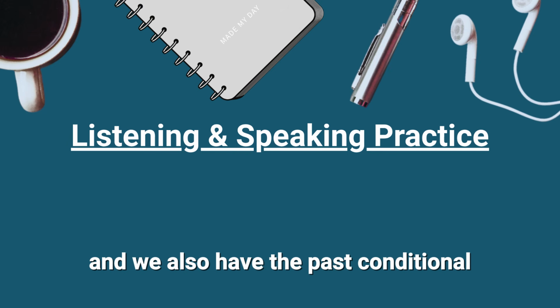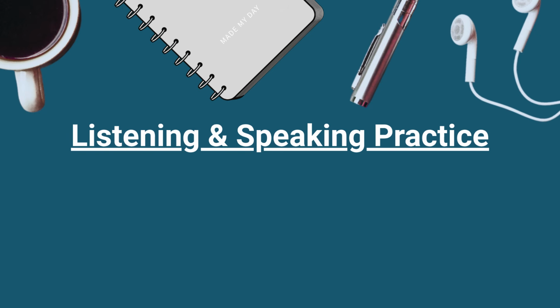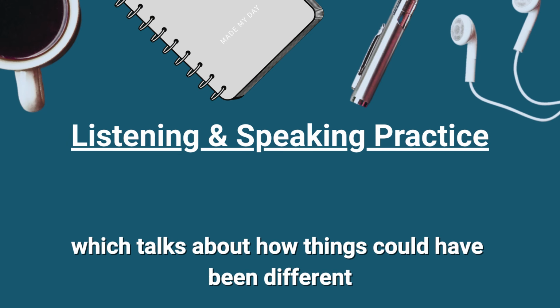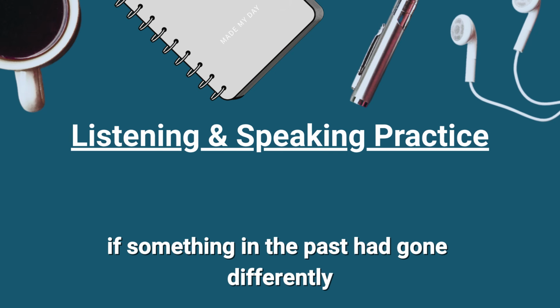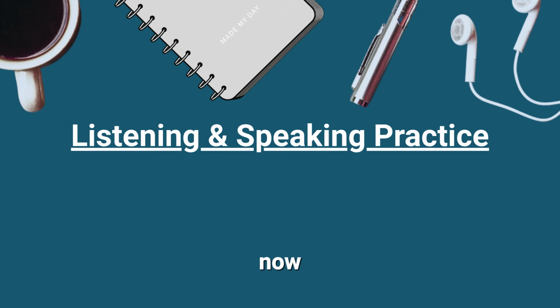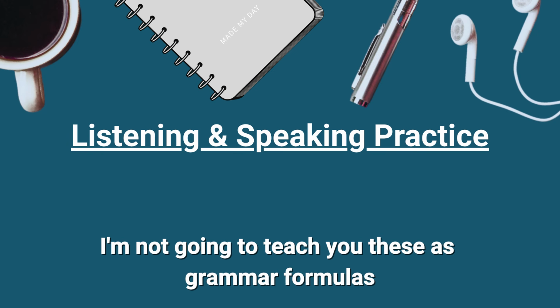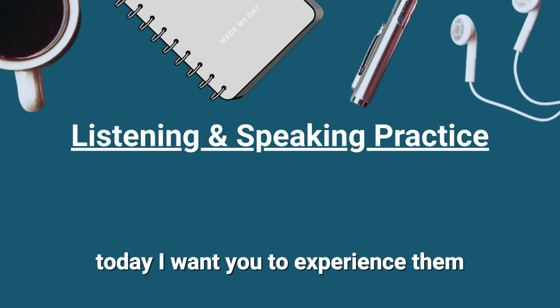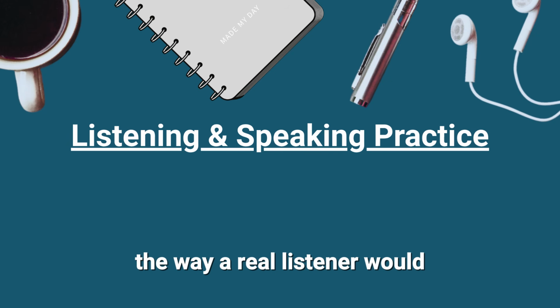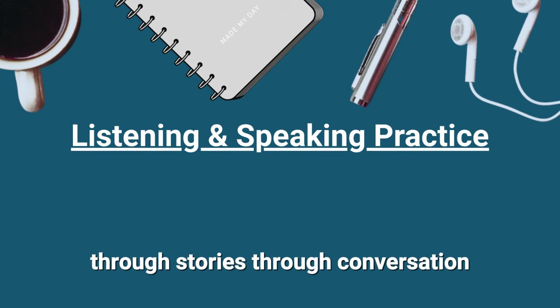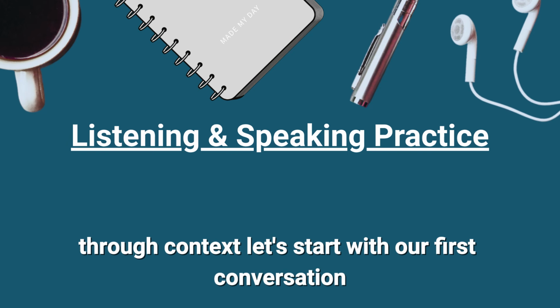And we also have the past conditional, which talks about how things could have been different if something in the past had gone differently. Now, I'm not going to teach you these as grammar formulas today. I want you to experience them the way a real listener would, through stories, through conversation, through context.